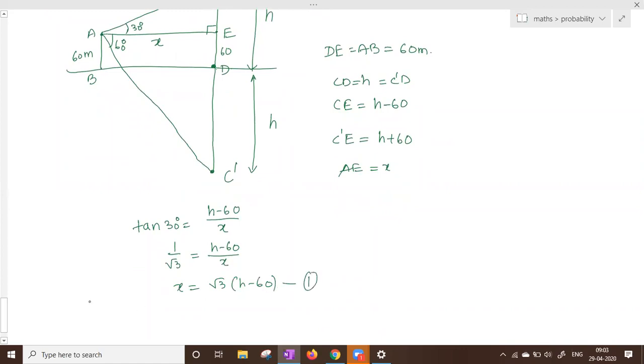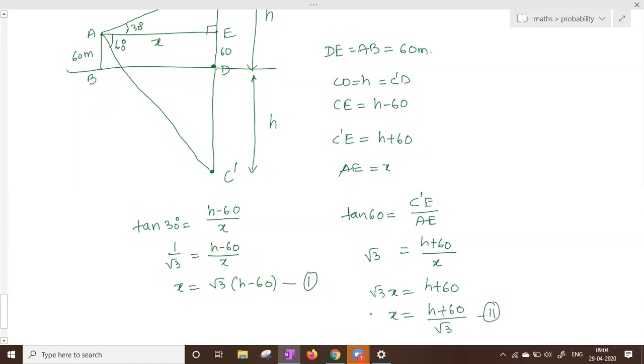This is equation 1. Now use the lower triangle AEC dash. Tan 60 is equal to C dash E by AE. So root 3 is equal to H plus 60 by X. So root 3 X is equal to H plus 60. So X is equal to H plus 60 by root 3.